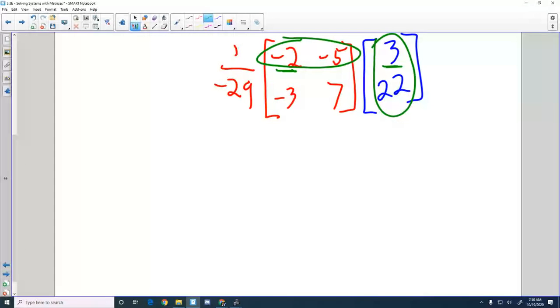That's a negative 2 times 3, which is negative 6. Multiply the second element times the second element, which is negative 110, I think. We combine those and get negative 116.